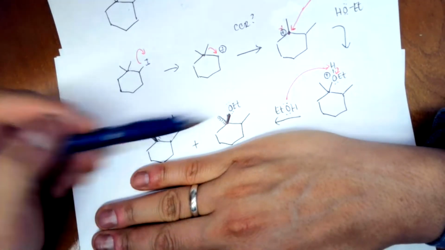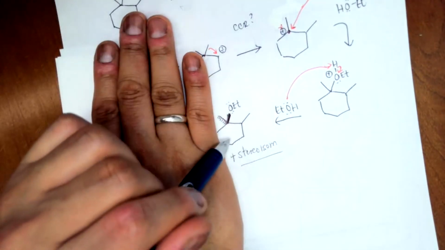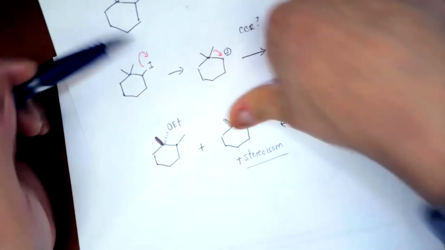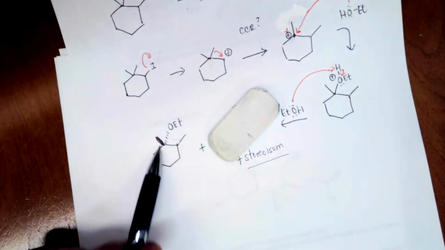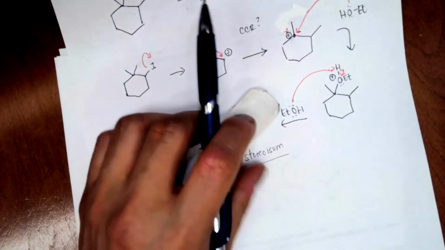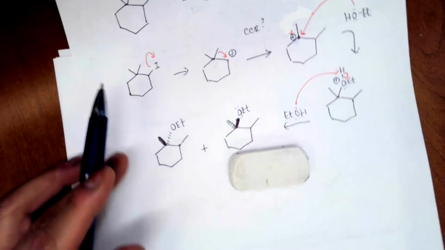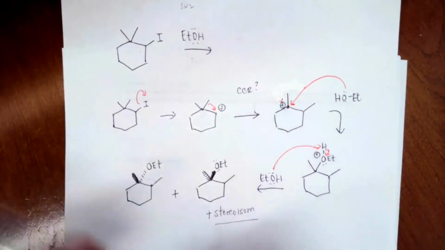Can I draw this? This plus stereoisomer? Yes, it doesn't matter. One of them and then write the word plus stereoisomer, or draw both of them. Okay, so that is in the case that you are producing both products.